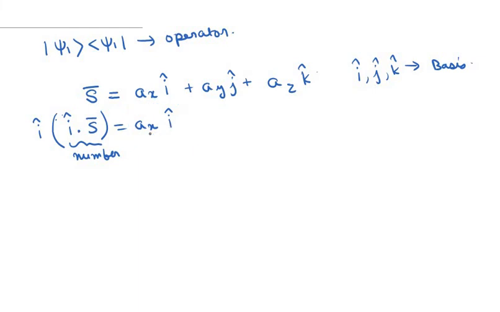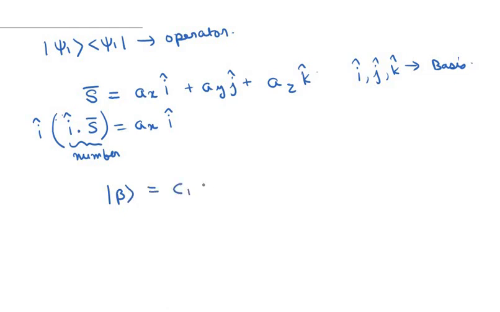I repeat again: I do the dot product of i and s, which is a number, so this gives me the coefficient of x, and then if I multiply it with i, which is the unit vector, this total gives me the component of the vector along the x axis, which is basically this part.